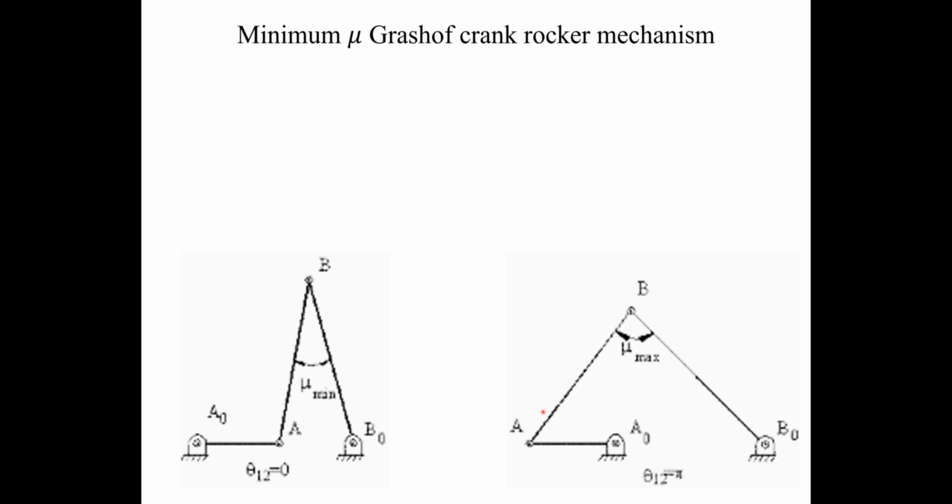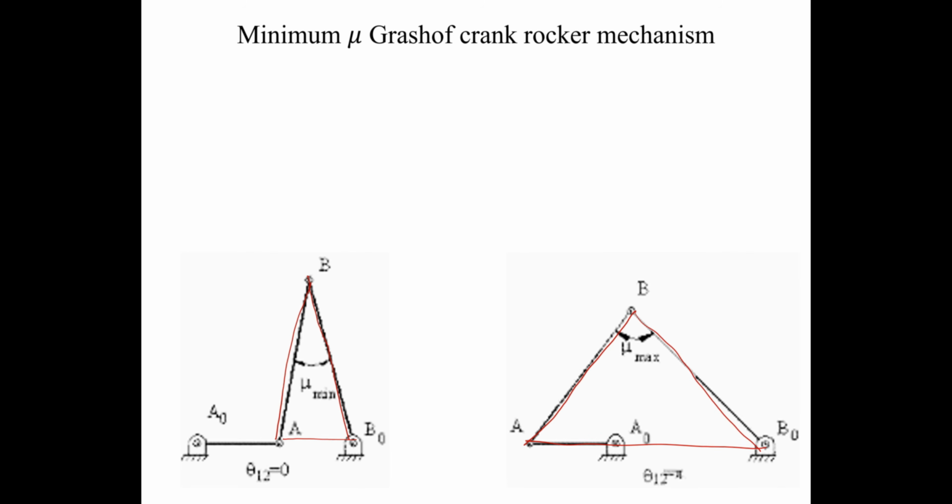And when we put our mechanism in these two configurations, the mechanism takes a triangular configuration if you ignore this extended portion. So if I try to depict this triangle, either this is a triangle, or we have this triangle.